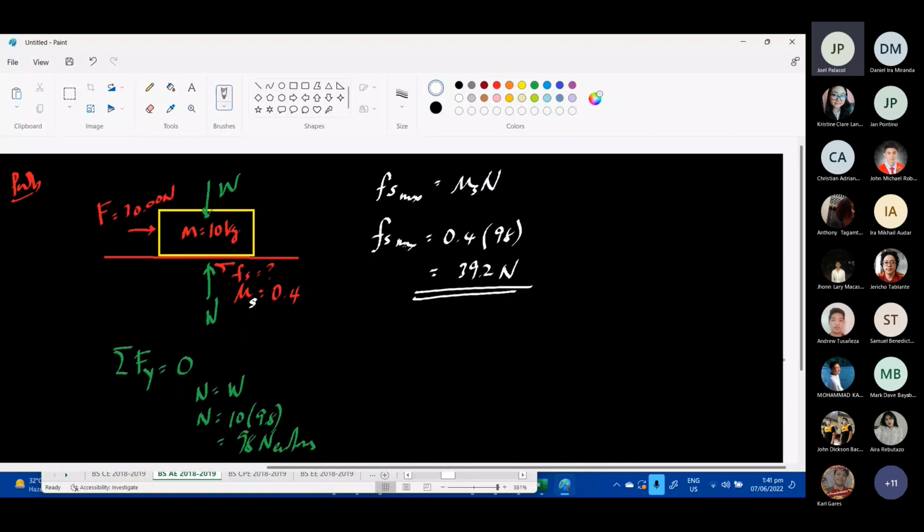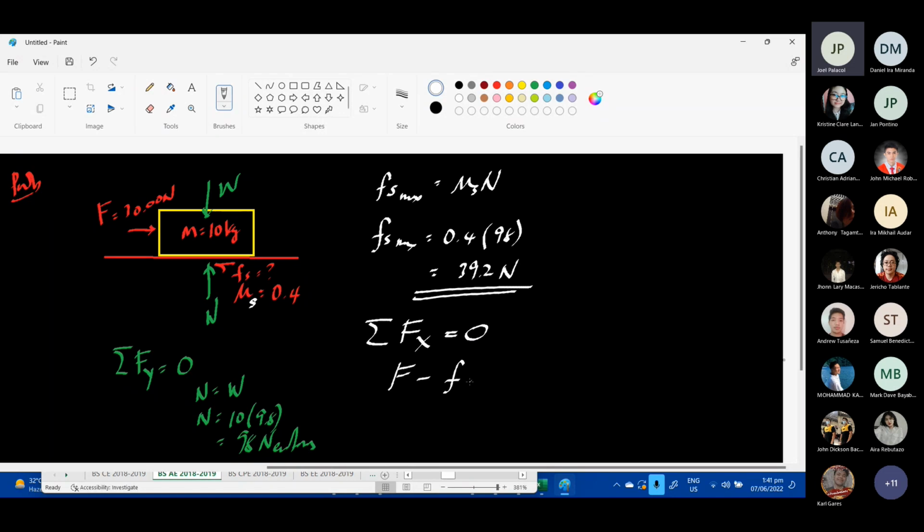Since the applied force is only 30 newtons, it is well less than the maximum static frictional force. Then the static frictional force present here, if we take the summation of forces along X, will be equal to that applied force of 30 newtons.